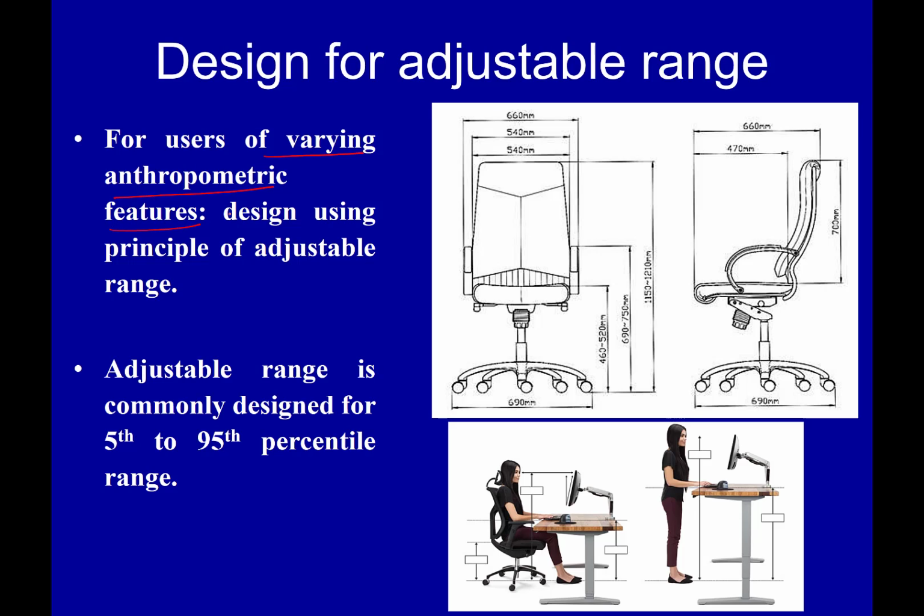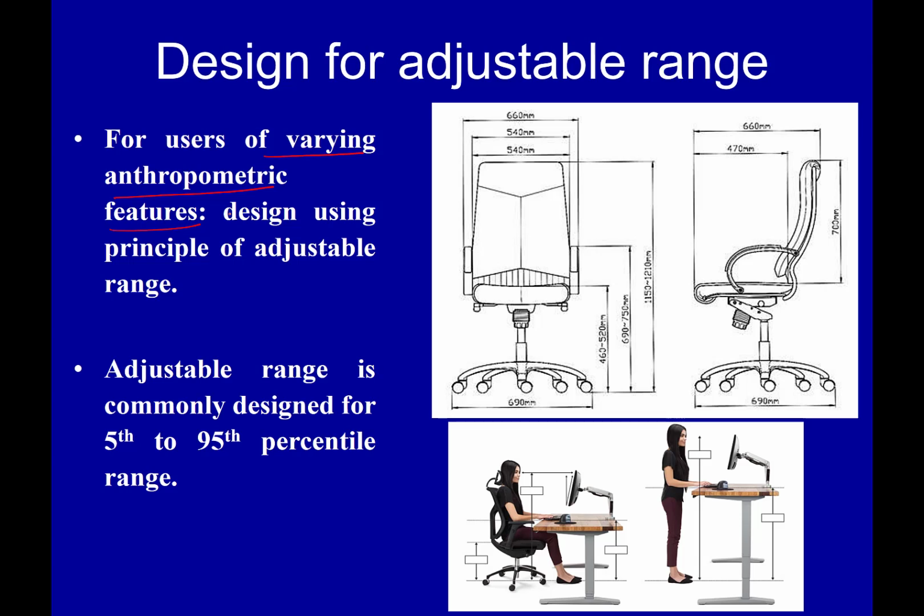So here this will be pushing the cost on the higher side. You are not considering the user of a particular anthropometric aspect, but you are considering the anthropometric aspect in such a way that you can make a product so that a wide range of the users can use the same, with the minimum possible discomfort.